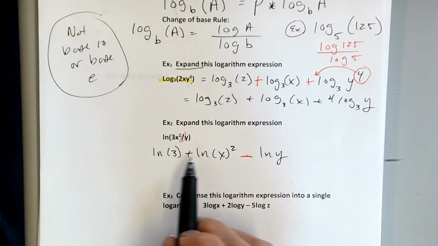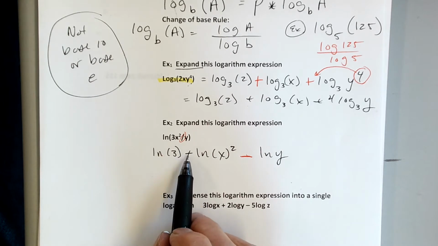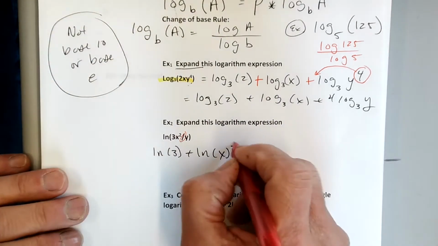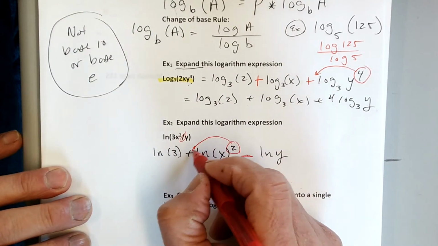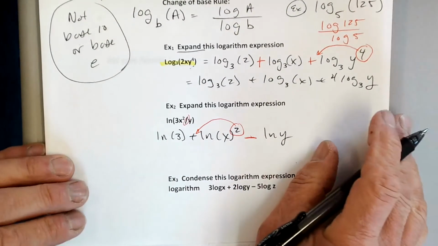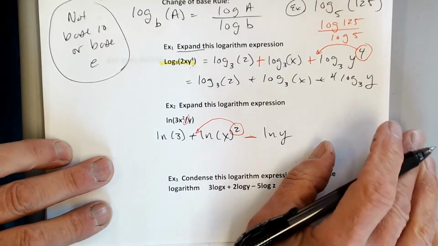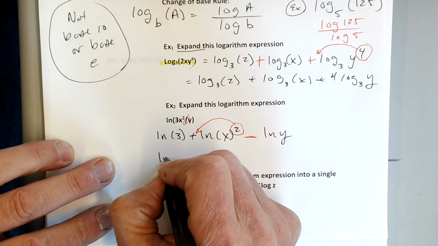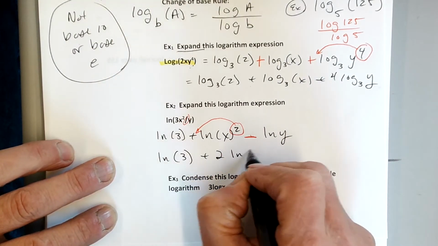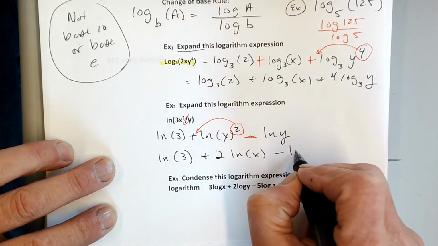So where I see multiply, I change it to plus, and where I see divide, I change it to minus. The last thing I'm going to do, I have an exponent, so I bring the exponent down in front, and it simplifies it significantly. If you take calculus and do derivatives, this will really help a lot. So we get natural log of 3 plus 2 natural log of x minus natural log of y.